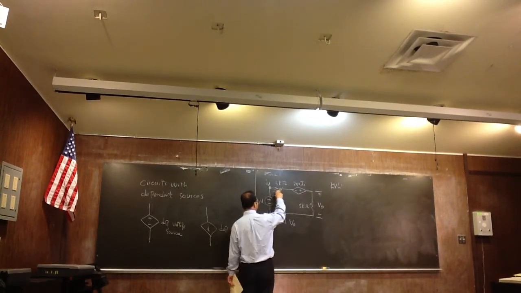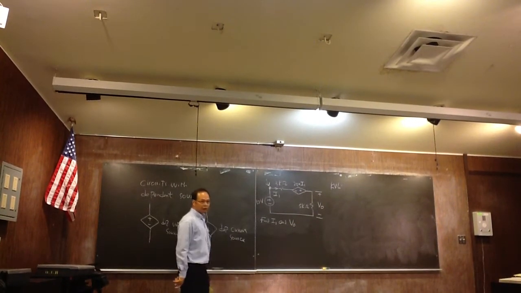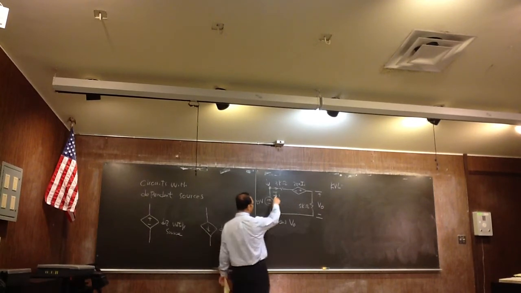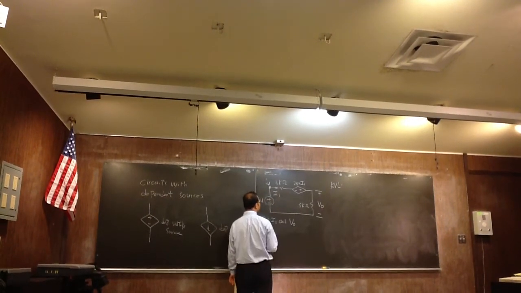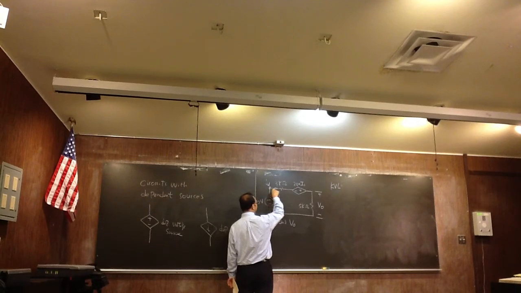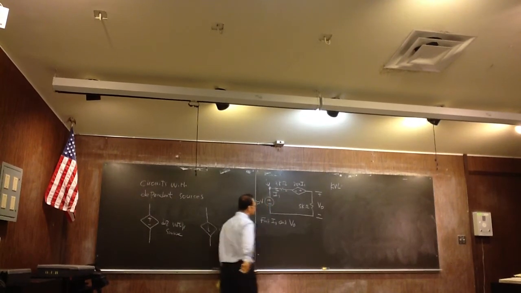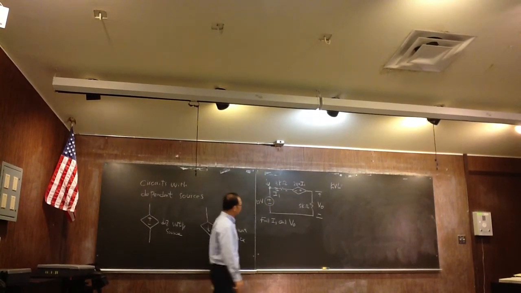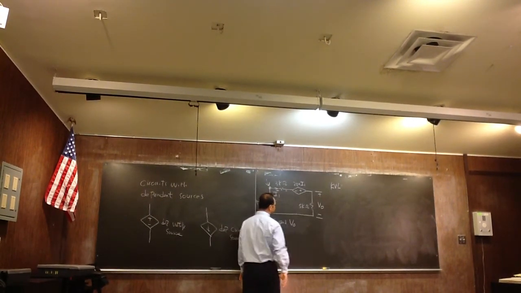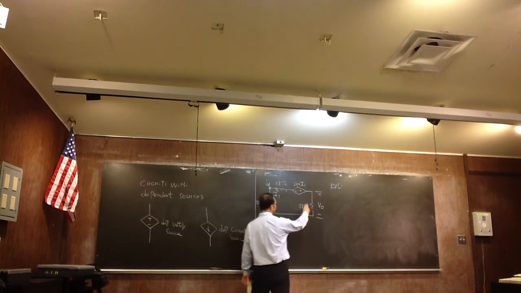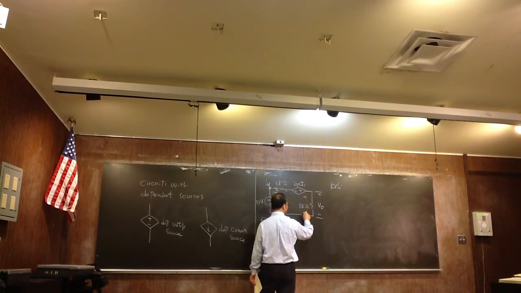Now, I already gave you the direction of the current. So what is the voltage polarity on the 3K? If the current is going this way, then the voltage polarity must be plus and minus. This one is already given, and this one is also plus and minus.